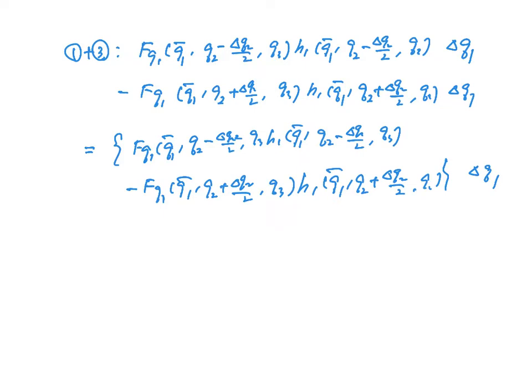But what you can do is actually you can divide the whole thing by delta Q2 and then multiply delta Q1, right? Without changing anything.